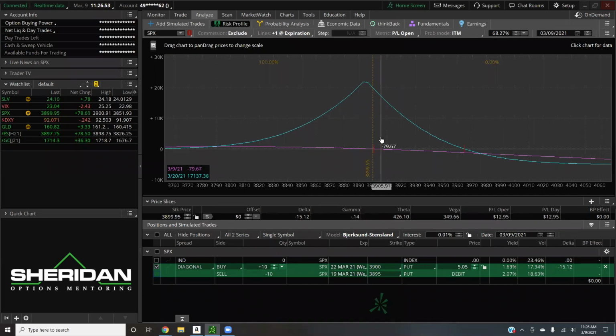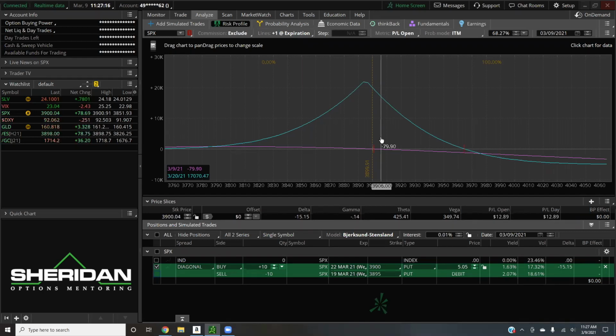This is a put diagonal. You can see what we've done. We still use many times similar time frames as calendars too. In this case, about 10 days out, I believe. What you do with the put diagonal is you buy the further up put, the deeper in the money put.